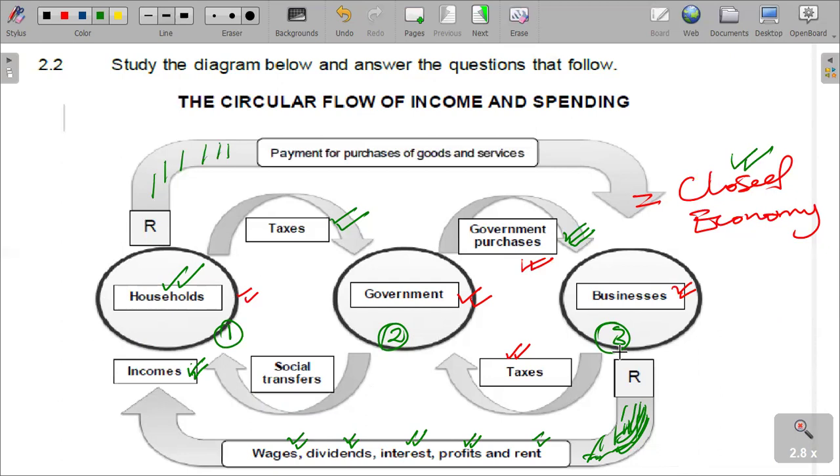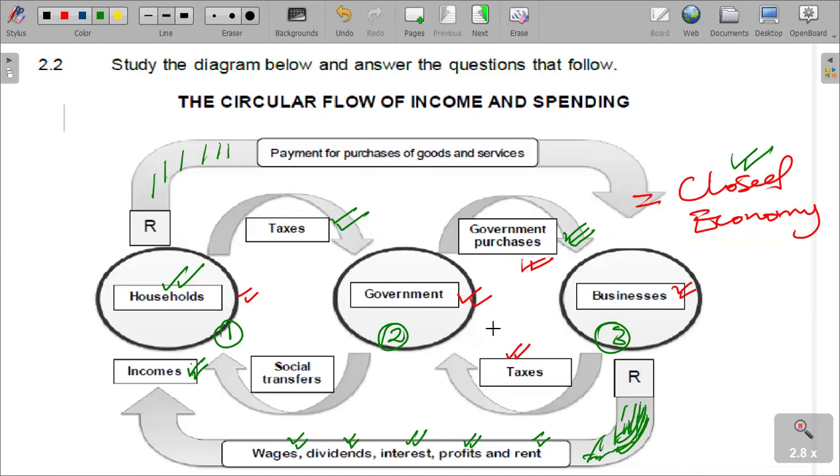When we have only those three, it actually means that it is a closed economy, because we don't have the foreign market, which allows the movement of goods in and out of the country, the importation and exportation of goods and services. So these three participants interact with each other in terms of promoting the economic viability of the country.